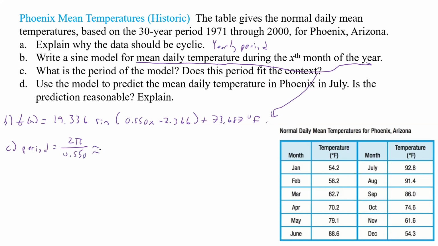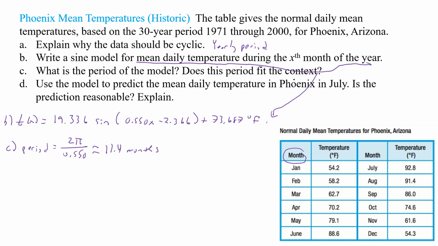So we do 2 pi divided by 0.550, and that's going to give us approximately 11.4. And what does that equal? Well, that's going to be months. Okay, and so that's going to be our period. So every 11.4 months, it's going to be a period.